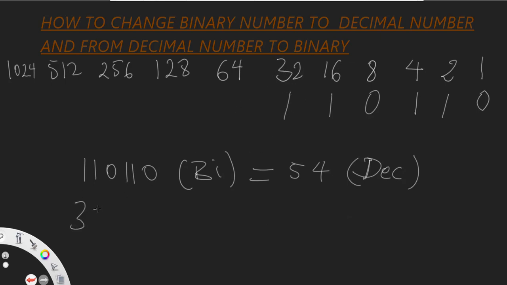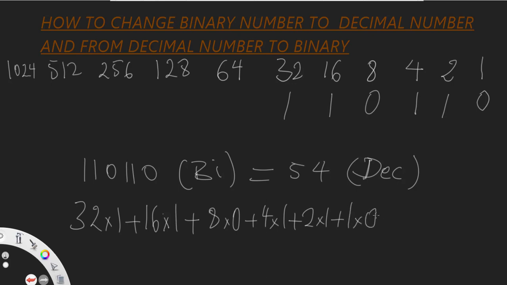Now we say 32 times 1, plus 16 times 1, plus 8 times 0, plus 4 times 1, plus 2 times 1, plus 1 times 0. Your answer will be 54. Can you see that? That's simple. This is how we got this.